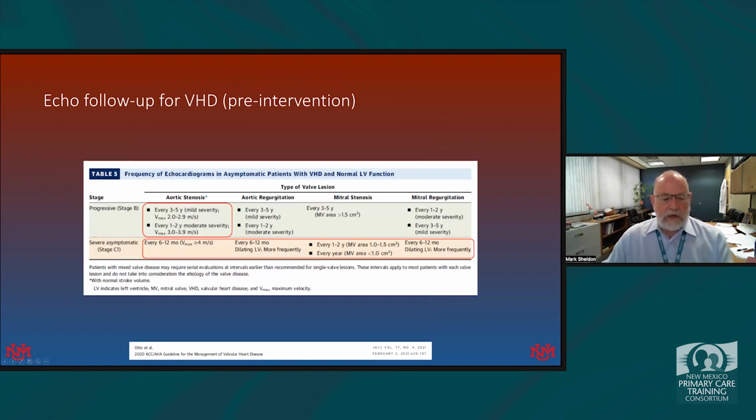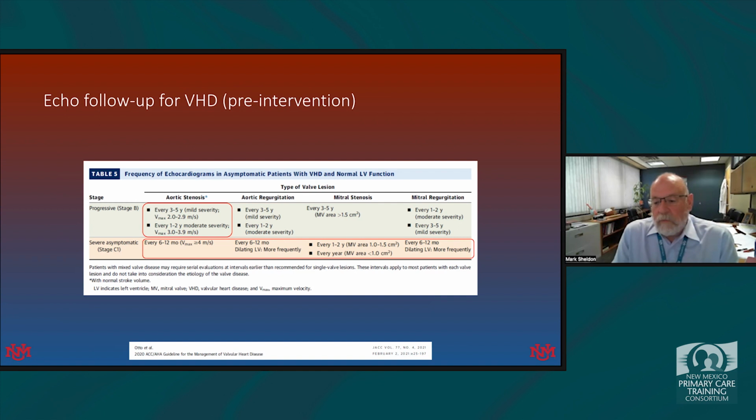And this is a slide that I have in here in the AS section, but it's actually appropriate for any of the valvular lesions on the left side: aortic stenosis, regurg, mitral stenosis, and regurg. When to be looking at these patients with echocardiograms and clinical reevaluation. So mild, probably no more than every 3 years or so.